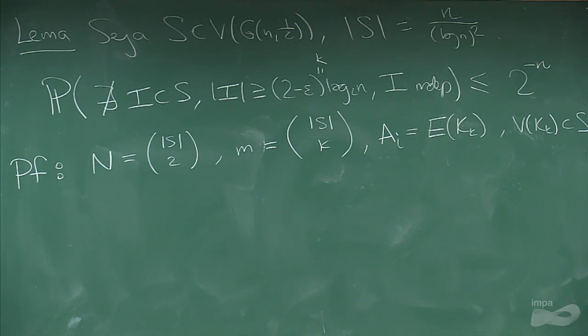So the Ai are the edge sets of these cliques.